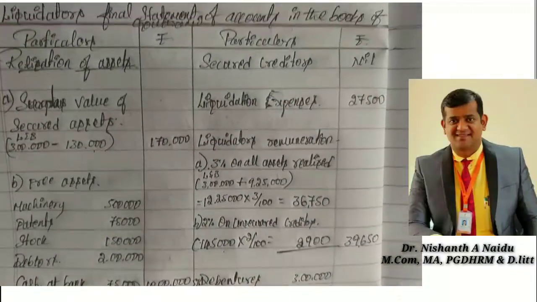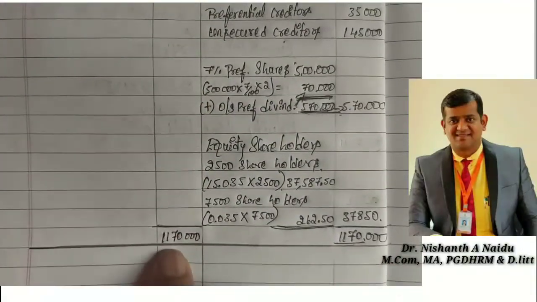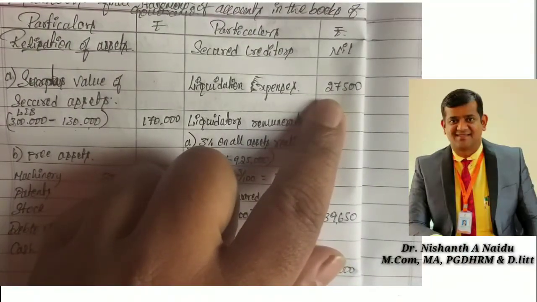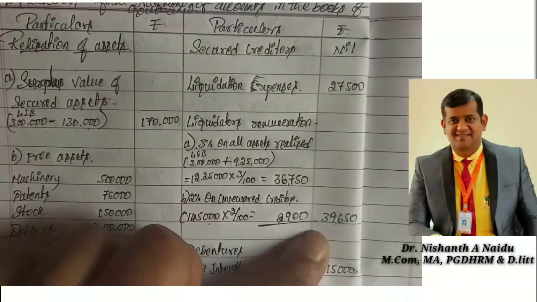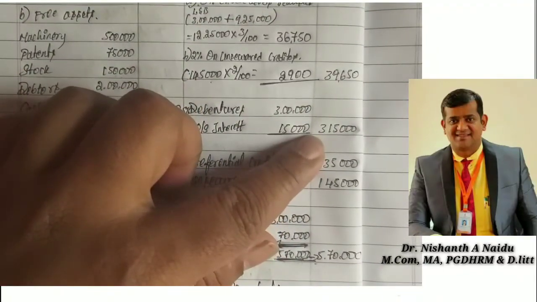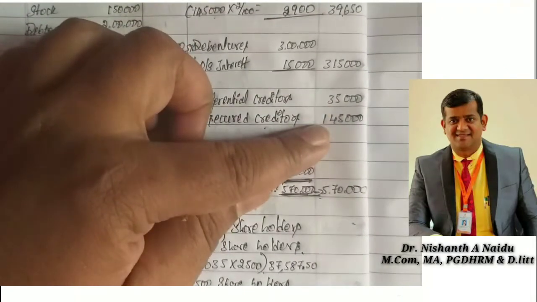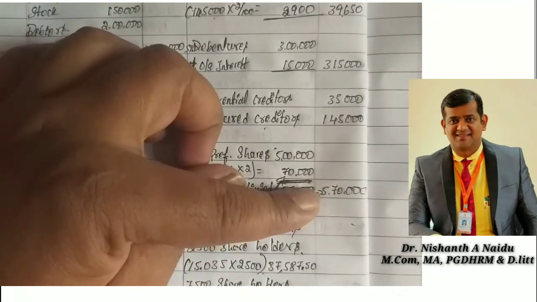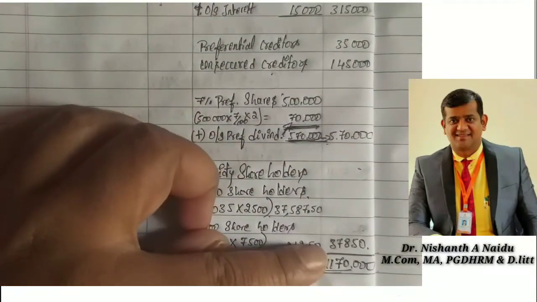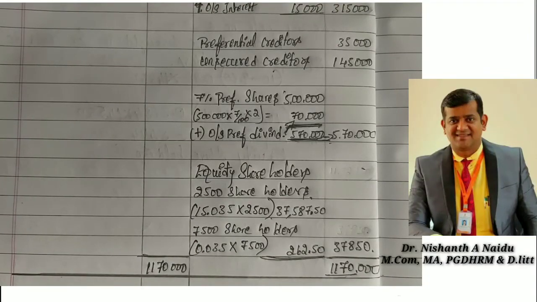Once again reconfirming, 1,70,000 plus 10 lakh is 11,70,000. On the other hand, 27,500 plus 39,650 plus 3,15,000 plus 35,000 rupees plus 1,45,000 rupees plus 5,70,000 rupees plus 37,850 is 11,70,000. So both sides got tallied. We are done with the problem.